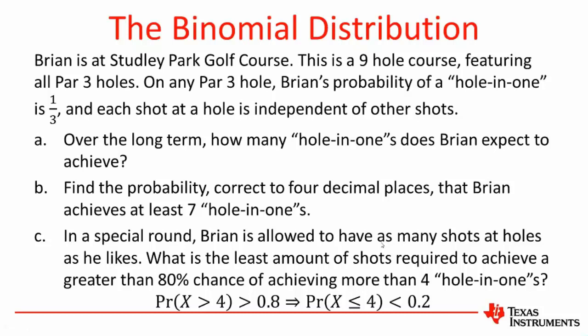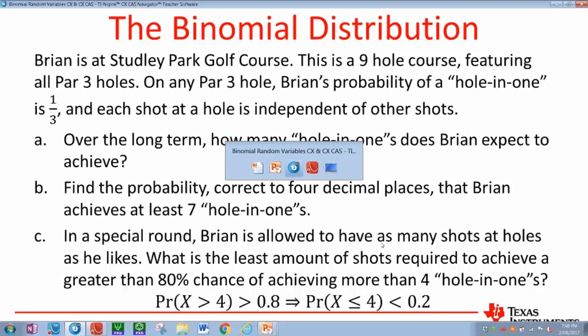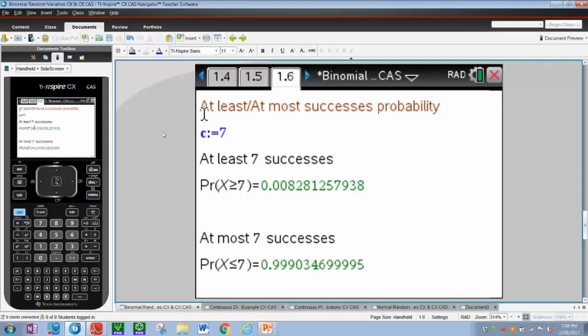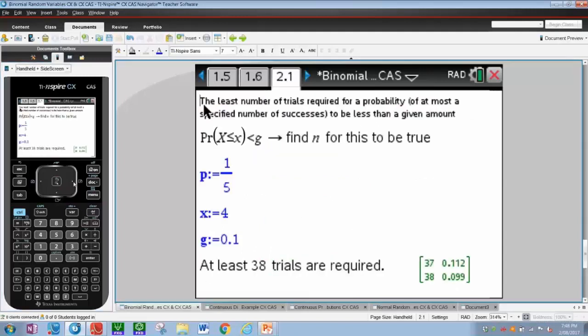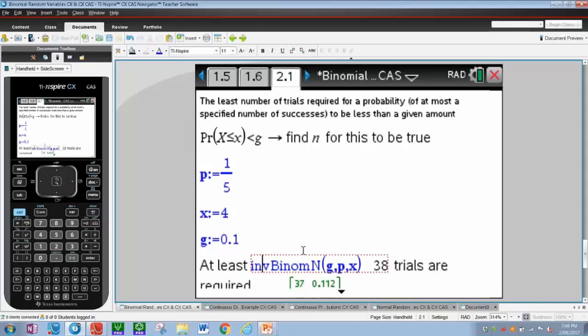So if your calculators are not on 4.4, this particular page is actually not going to work because there's this brilliant new command on the calculators that's called inverse binom. And if you look over here, you can see inverse binom n.